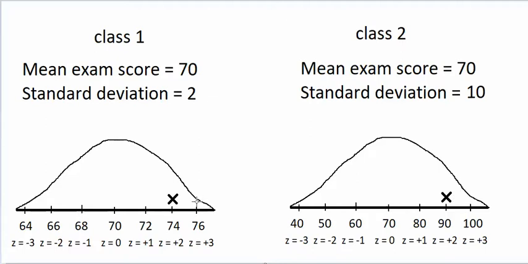The percentage of students in this white area right here is the same as the percentage of the class that's in this white area up here. So these two students have the same standing in their classes compared to other students that they've taken the exam with.